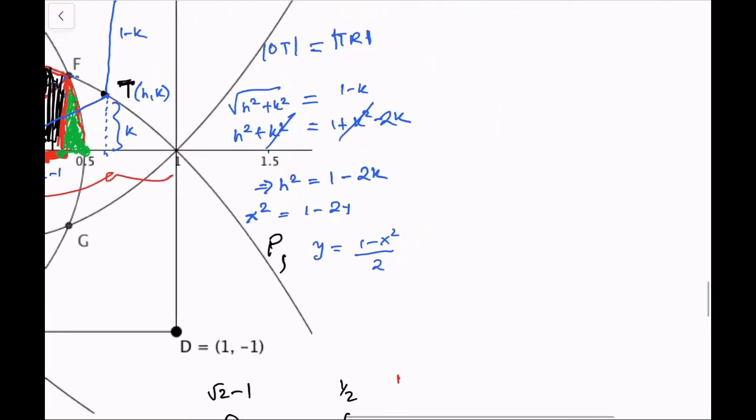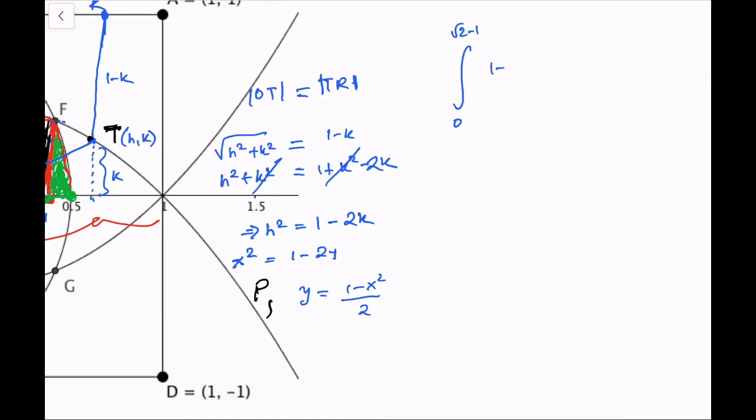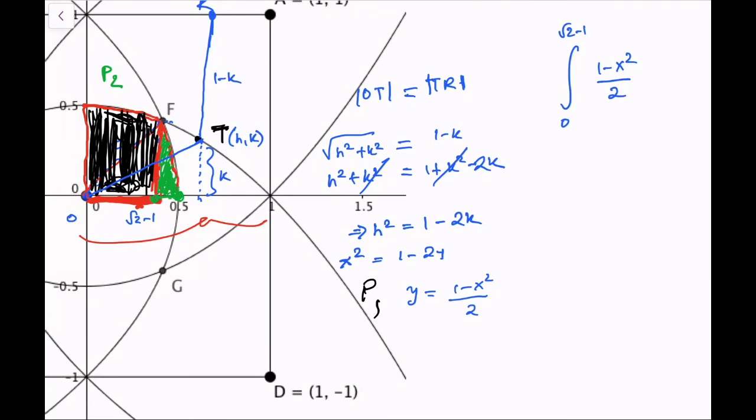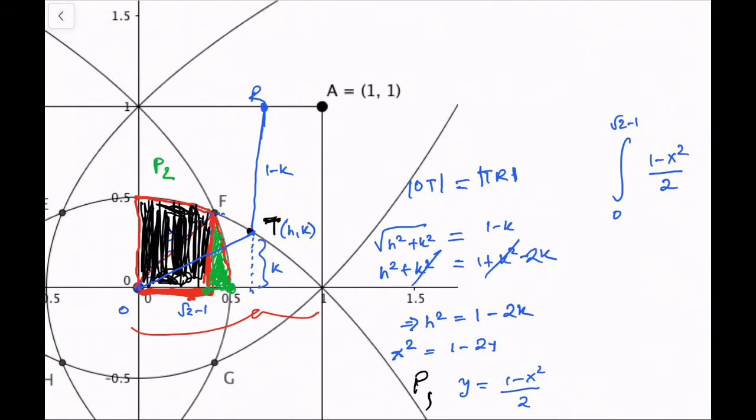So integrating from 0 to square root of 2 minus 1, we would get some value which would correspond to the area in the black shading. Now we want to find the area in the green shading. So to do that, again we find the equation of the second parabola.